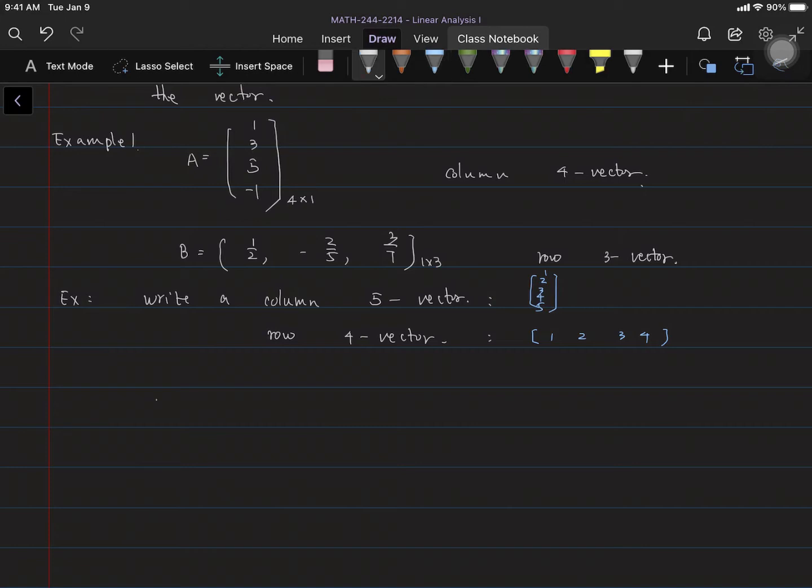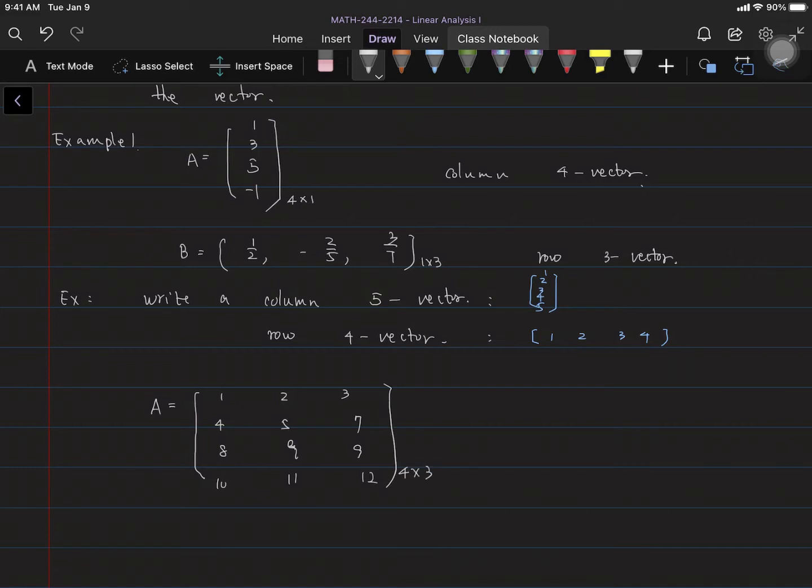Now let's take a look at a matrix. This matrix is a 4 by 3 matrix. So let's see: 1, 2, 3, 4, 5, 7, 8, 9, 9. You can put any number here if you like. So we can see this is a 4 by 3 matrix, right?